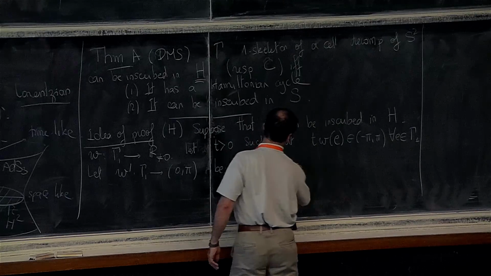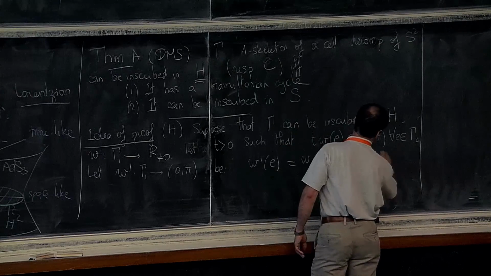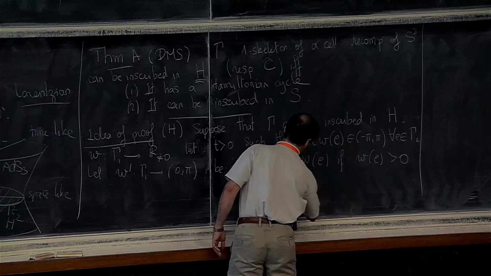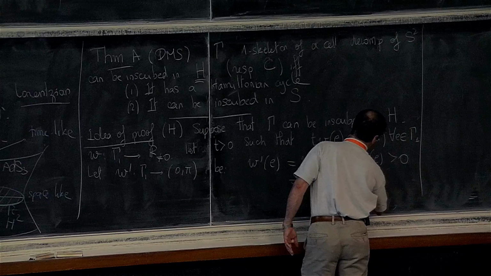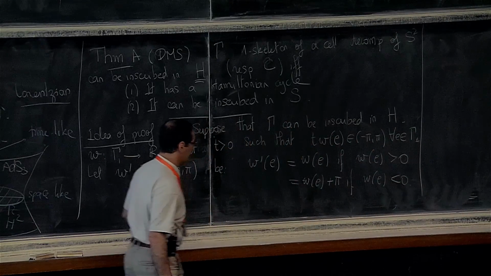W prime is equal to W if W of E is positive, and it's equal to W of E plus pi if W of E is negative. Yeah, that's a fairly natural choice.